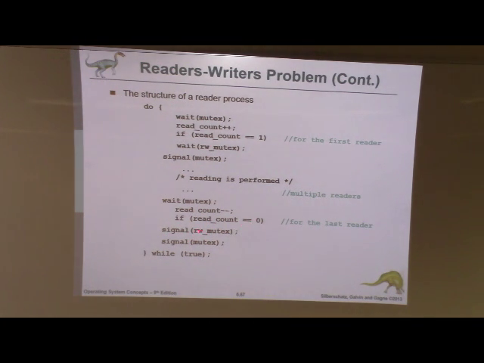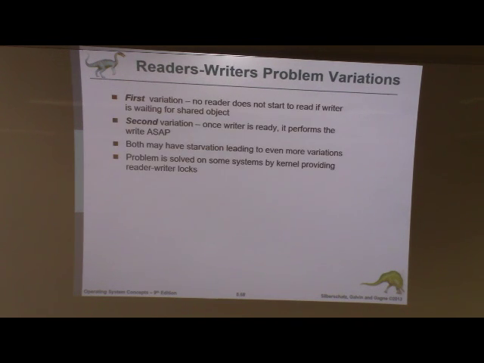In case it's 0, we can release because nobody is using this. We also need to release the mutex lock with wait and signal to update the read count. So this is the reader's process.